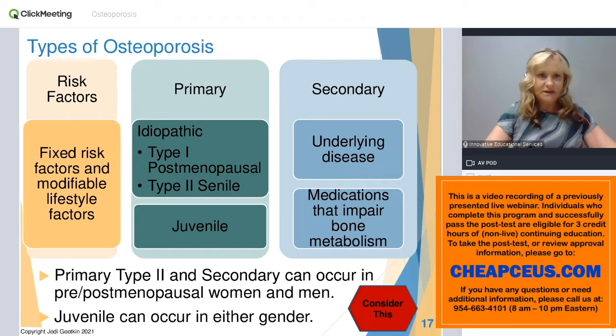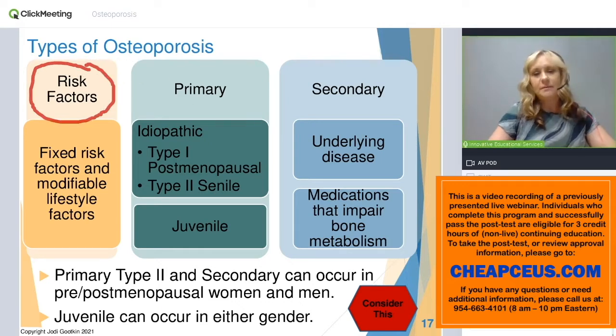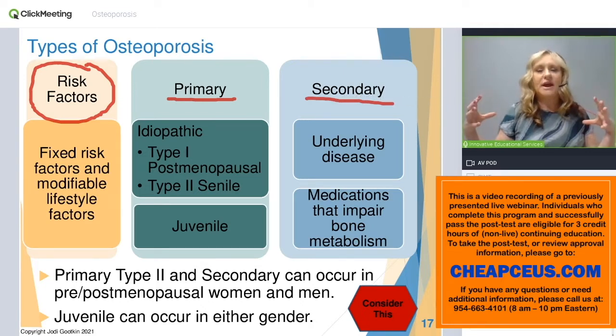There are several different types of osteoporosis that we're going to take a look at. In general, we do have risk factors that are fixed as well as modifiable for the development of osteoporosis. Primary osteoporosis and secondary osteoporosis are our two broad categories.